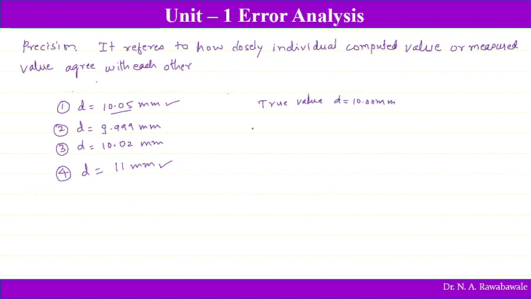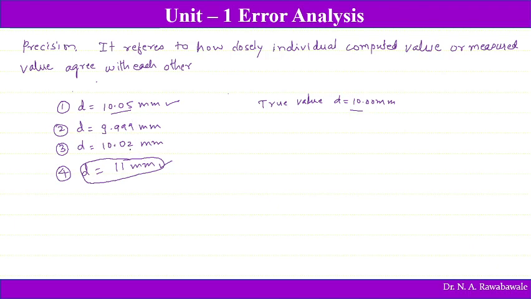So it is not closeness to this 10 mm, but closeness of this measured value to the previously measured values. If all answers are approximately the same, then we say the individual values which you have computed are close to each other. These answers must be very close to each other.